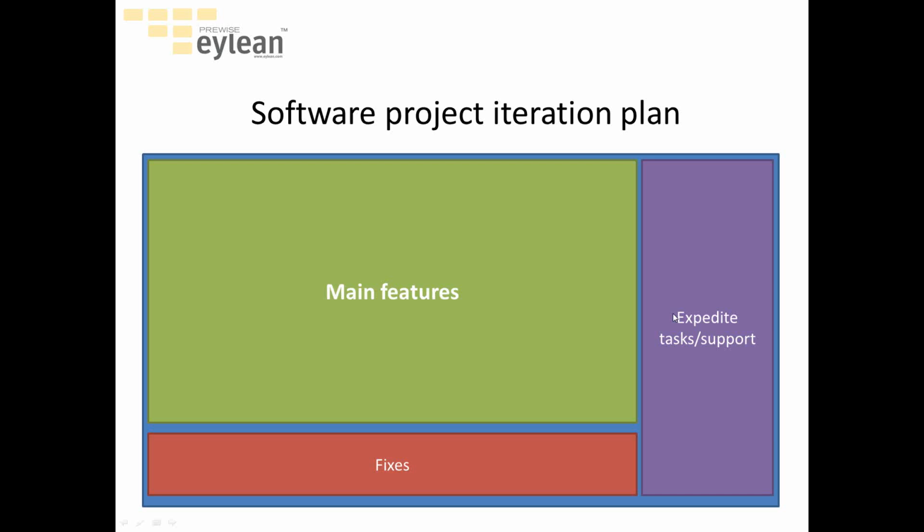So this fixes rectangle already lowers our capabilities to deliver more features. And of course, there is always a risk that each project manager should take into account. There will definitely be some force majeures, unexpected tasks happening, or even customer support tasks.